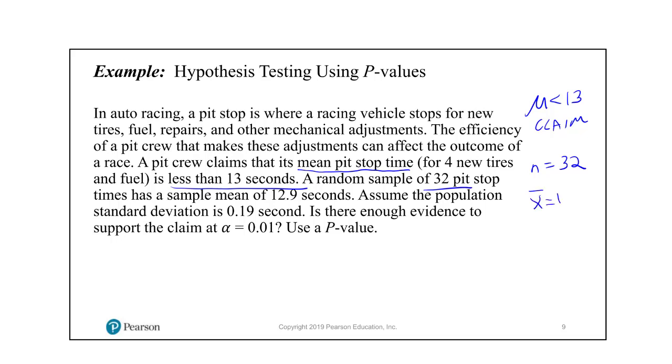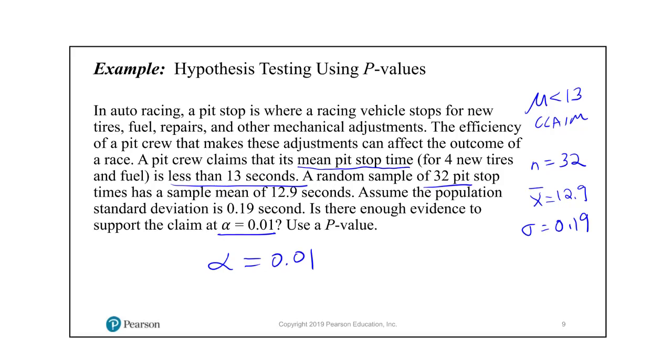X bar is 12.9. Assume the population standard deviation is 0.19. Sigma equals 0.19. And then we're given our level of significance, alpha 0.01. Okay, so this is all the information that we're going to want to put into this. So let's see.